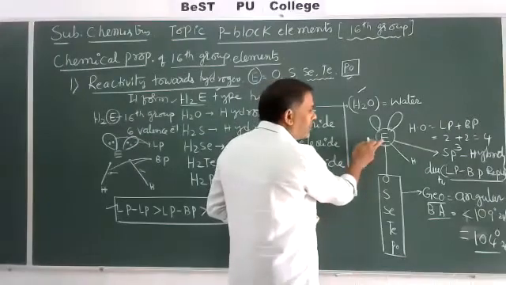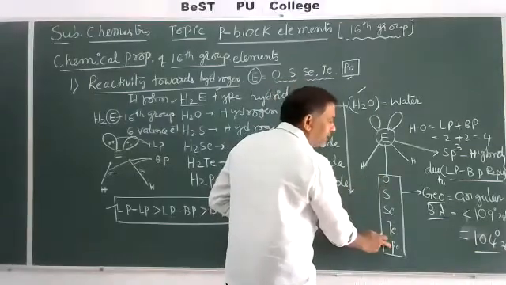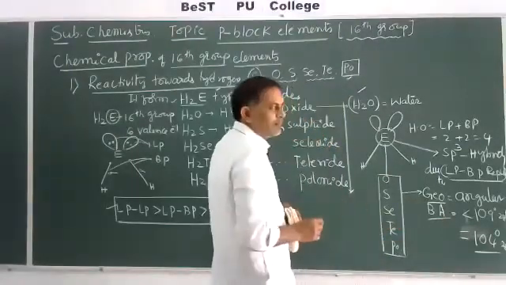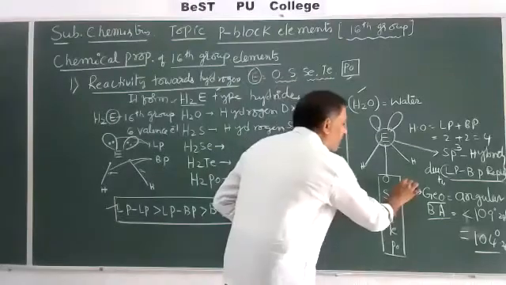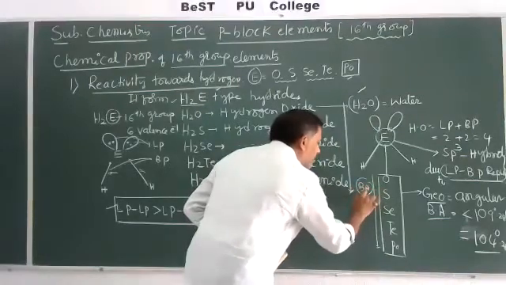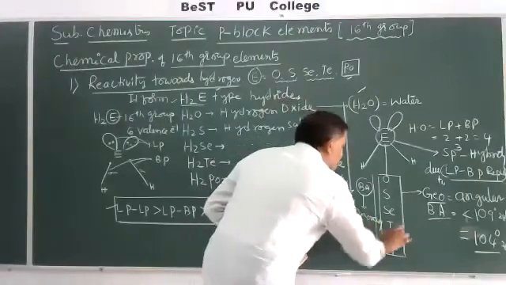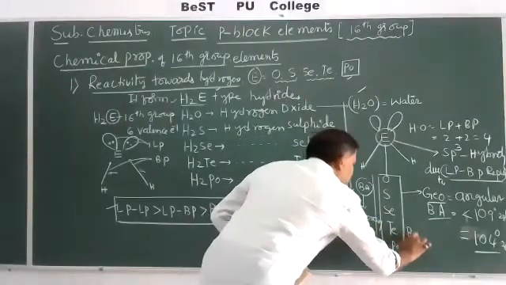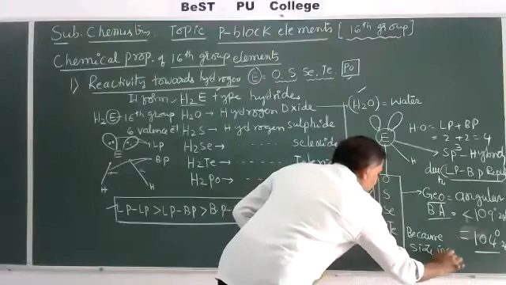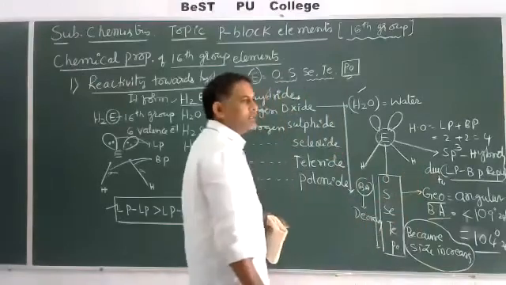But the bond angle changes from water to hydrogen polonide; the bond angle decreases. Why does the bond angle decrease? Because the size of the element increases, that's why the bond angle decreases.